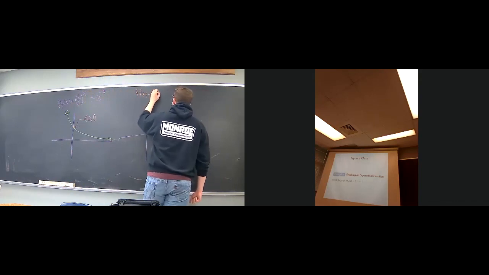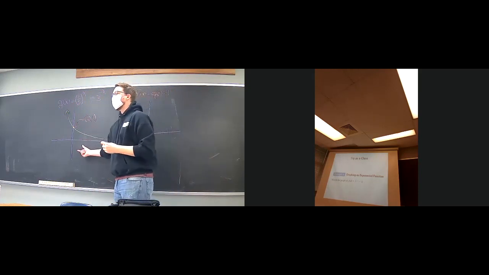So then the graph of f of x equal to g of x minus 1 is going to be this graph just shifted down 1 unit, right?